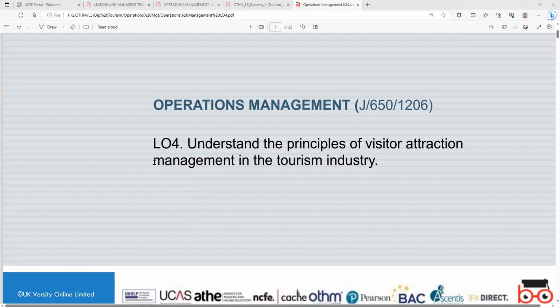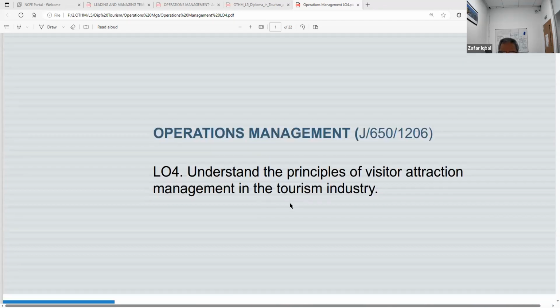And today we're going to look at LO4, learning outcome number 4, to understand the principles of visitor attraction management in the tourism industry. So have you done anything with regard to this?